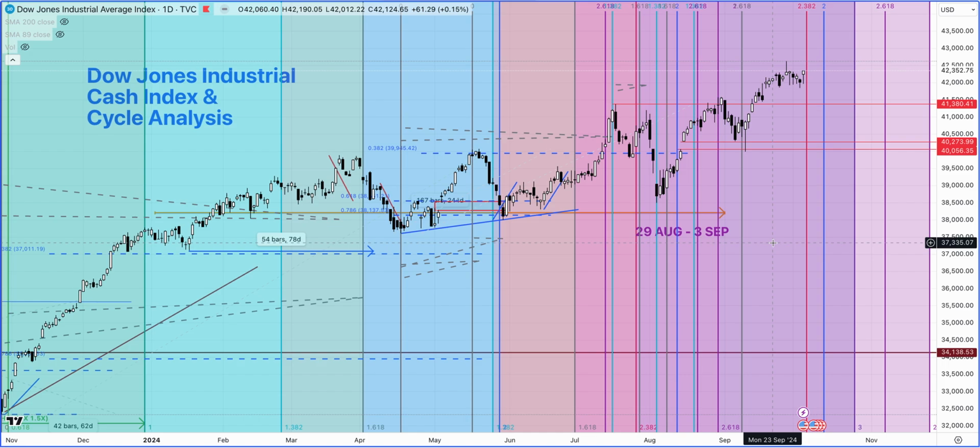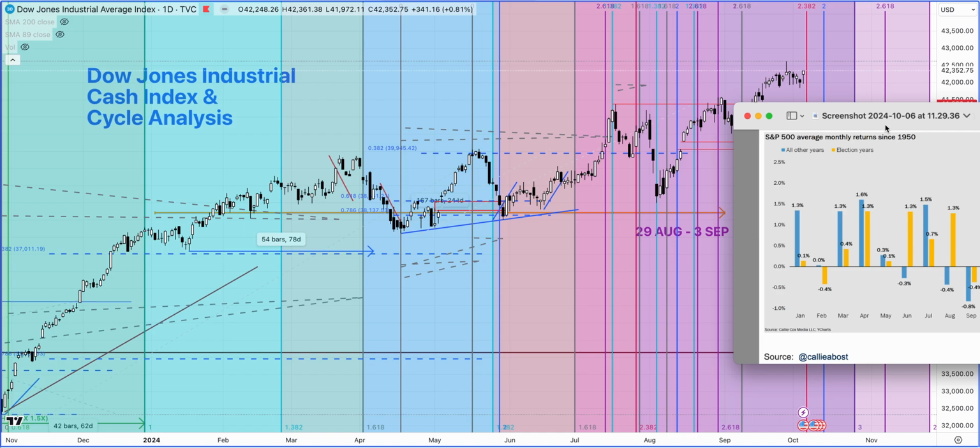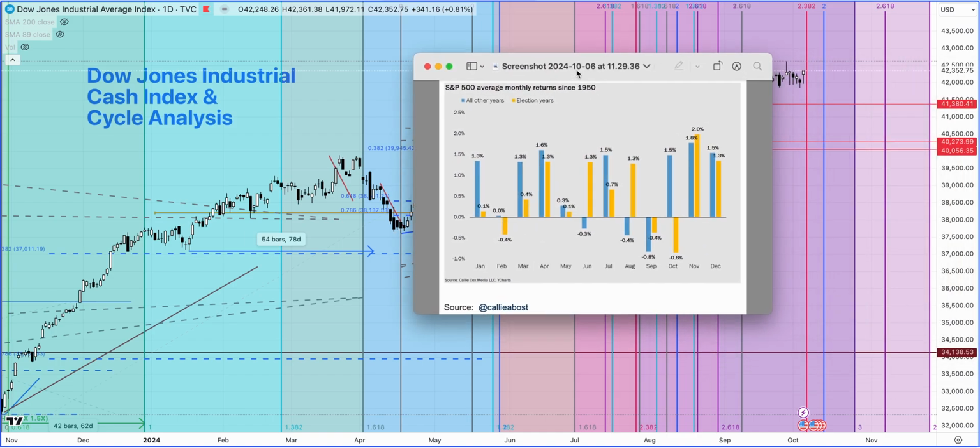And a really interesting thing about talking about the elections in the United States, I was sent a couple of charts which I thought I'll share with you because they have some really interesting statistics. So here's a chart coming from the source Kali Bost. I believe it's a Twitter account now known as X. And what they have done is basically plotted the S&P 500 average monthly return since 1950. And the blue ones is all other years, and the yellow ones are election years.